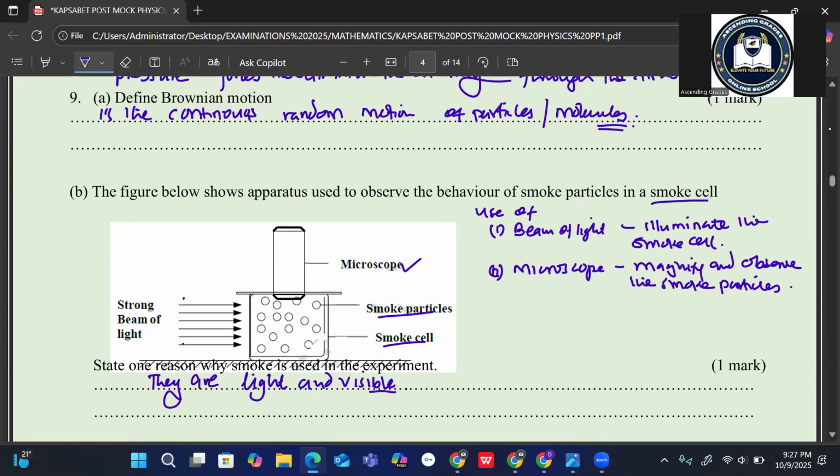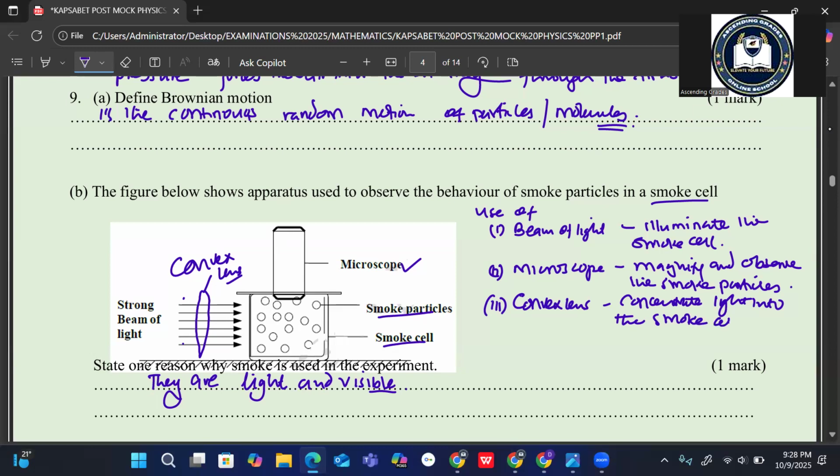At other times, we can have a convex lens. What will it be used for? The convex lens is to concentrate light into the smoke cell.